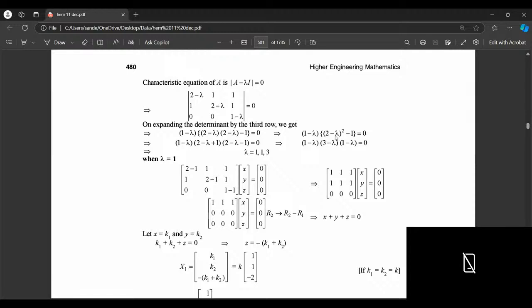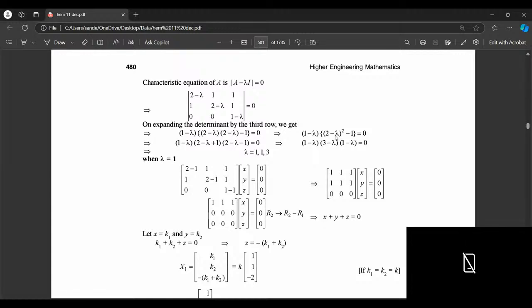And the last equation 0x1 plus 0x2 plus 0x3 equal to 0. Meaning is that no value is restricted.